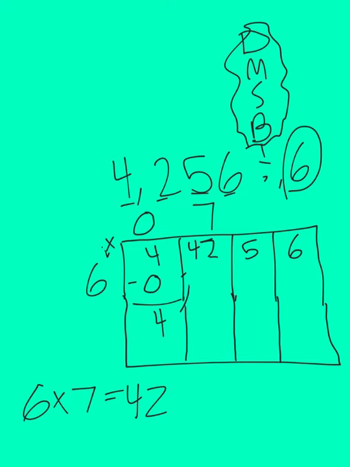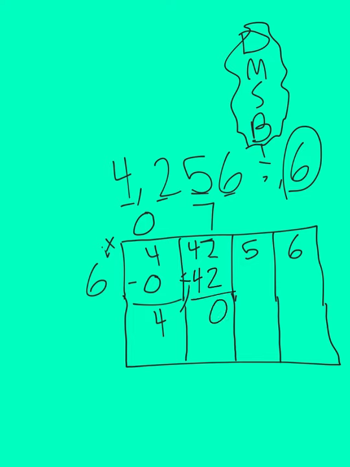Then we move on to our multiplication step, our M. 6 times 7 equals 42. Then we move on to our subtract step. 42 minus 42 is 0.